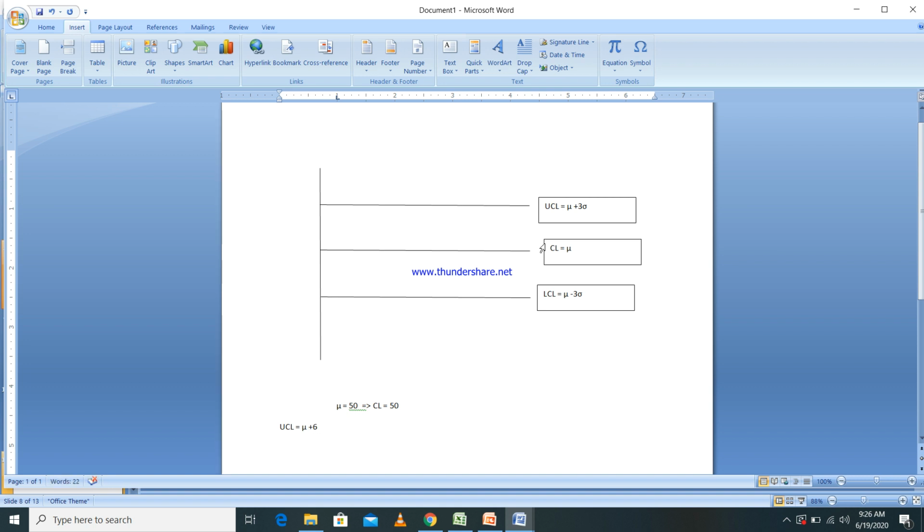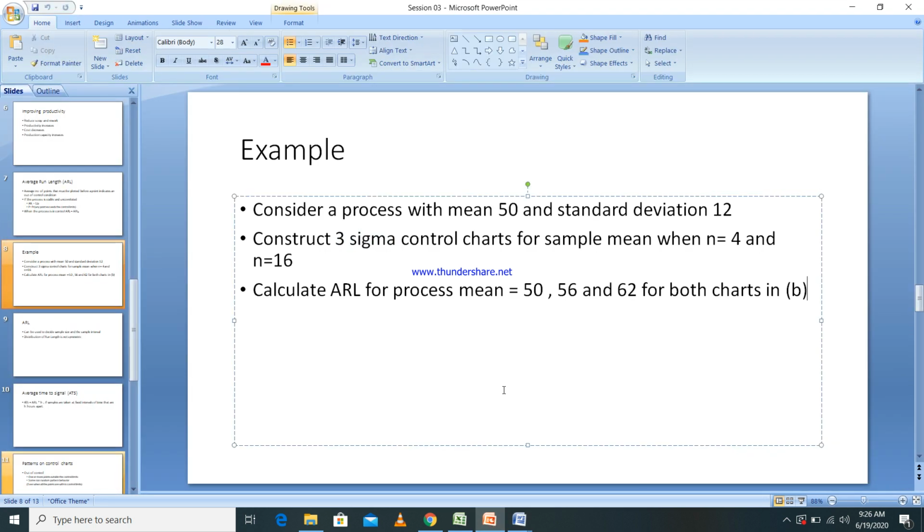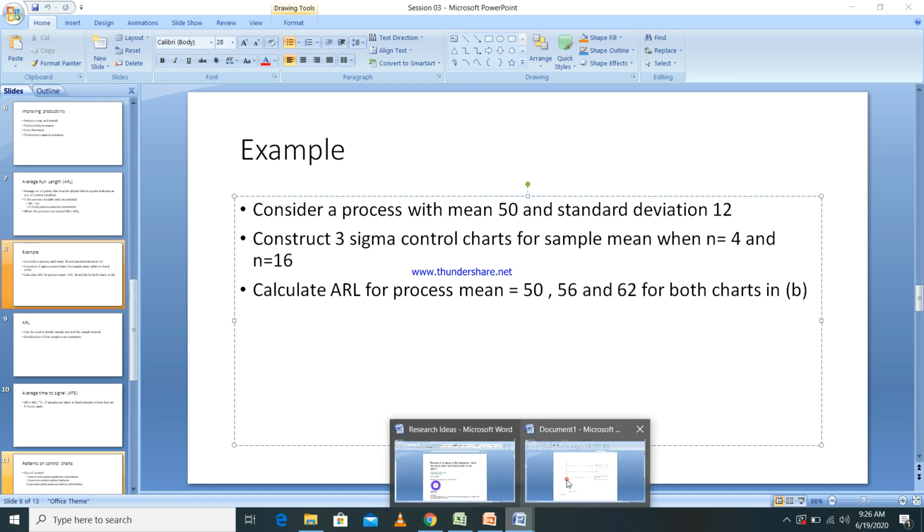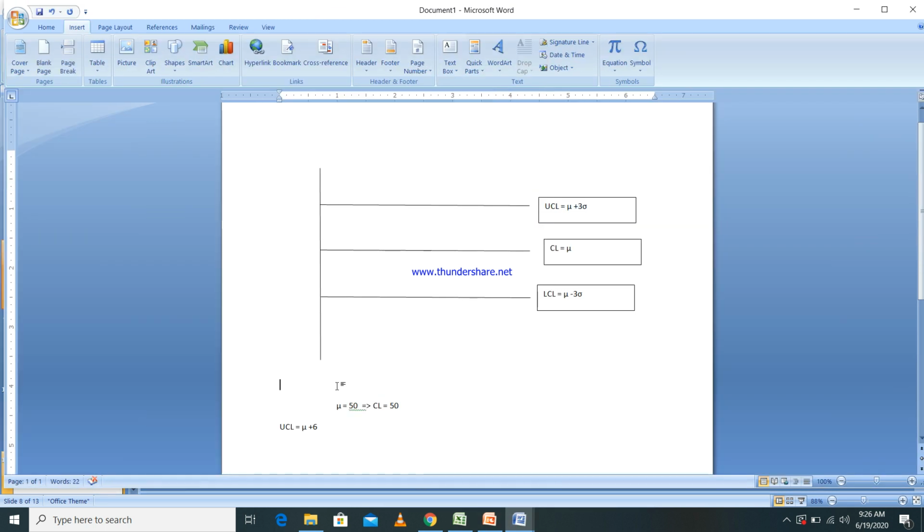Now in this case it's 3 sigma, so the upper control limit equation will be mu plus 3 sigma, and the lower control limit equation would be mu minus 3 sigma. And if you look again at the question, you have to construct 3 sigma control charts for the sample mean, when the sample size is equal to 4 and 60. That is also something you have to consider.